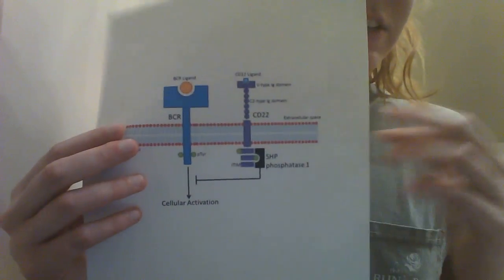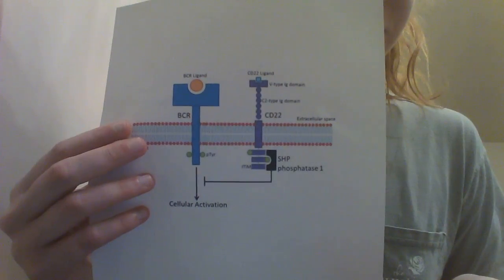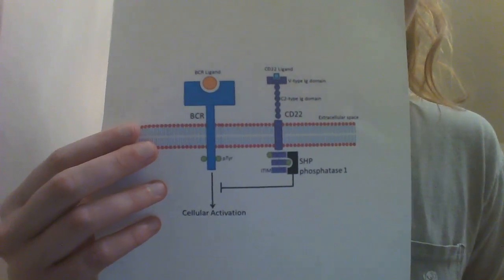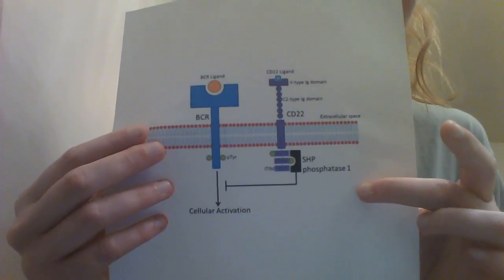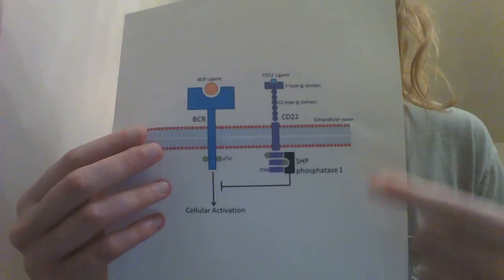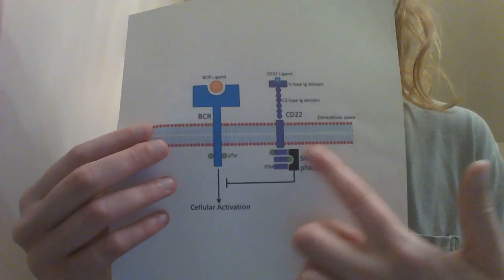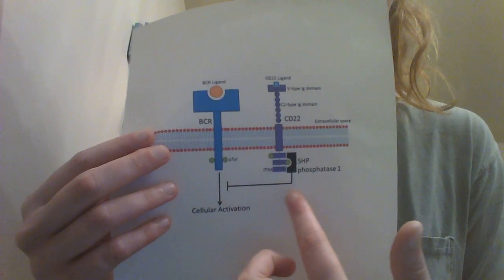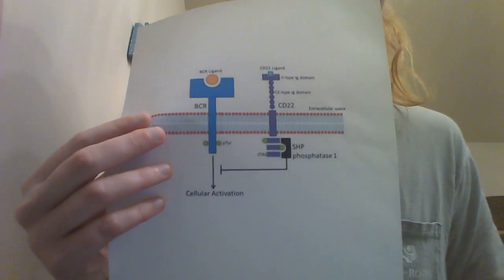Now I have a picture I want to show you. The phosphorylation of this ITIM allows SHP1 tyrosine phosphatase to associate with the cytoplasmic tail of CD22. You can see here's that SHP1, and this is the cytoplasmic tail of that CD22 molecule.